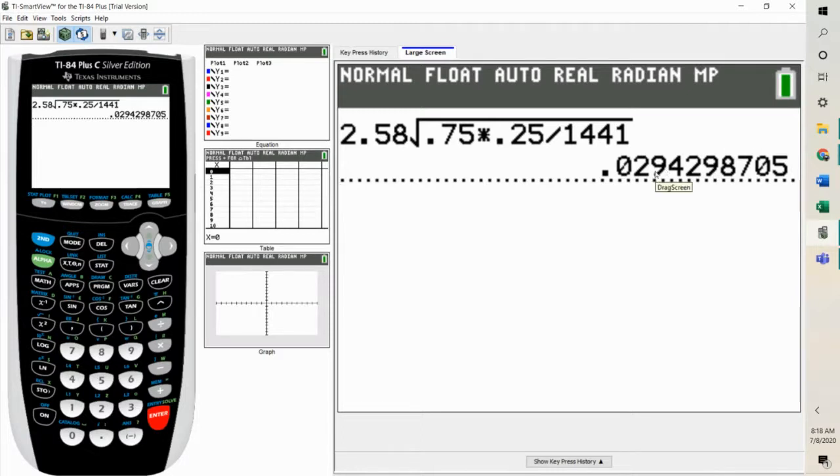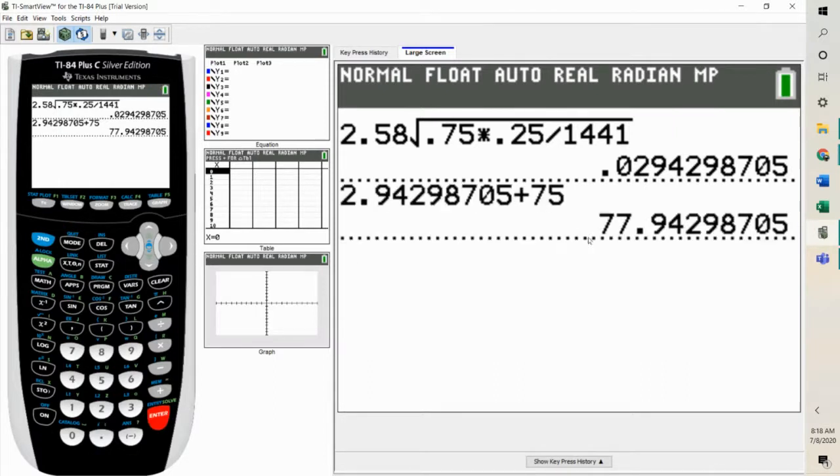Then you would take this 2.9298705914. Okay. And we add it to our 75, because they're both written as a percent. And that's how they get the 77.94298.